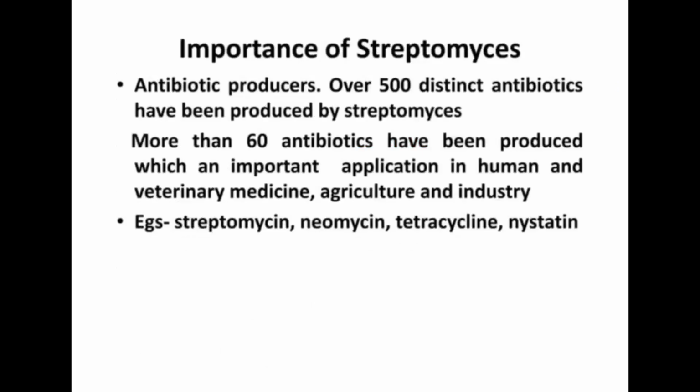And as I said, Streptomyces are helpful in antibiotic production. The antibiotic produced by Streptomyces is streptomycin, and over 500 distinct antibiotics have been produced by this single genus. 500, the number is very high, right? More than 60 antibiotics have been produced which have application in human and veterinary medicine, agriculture, and industry.